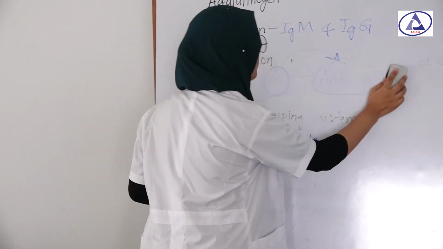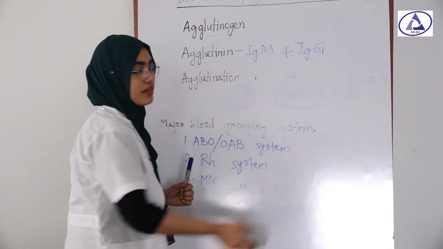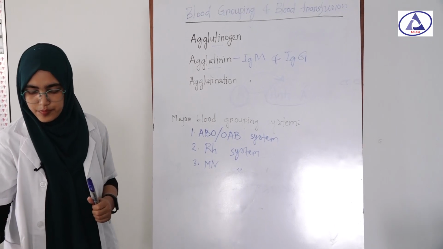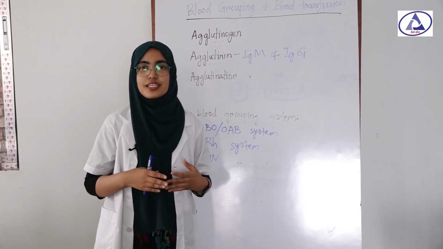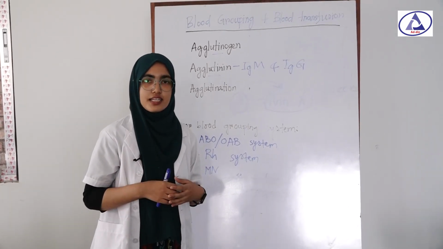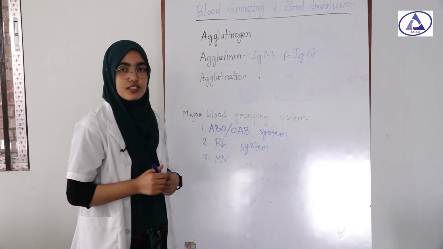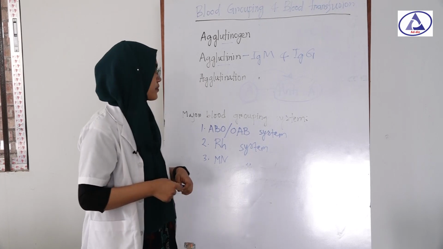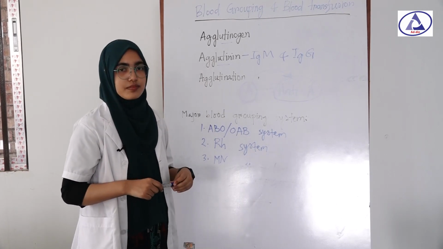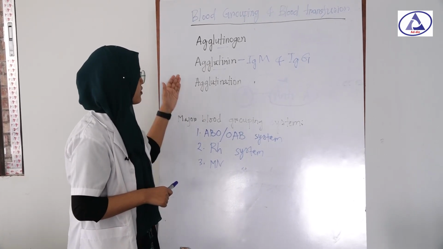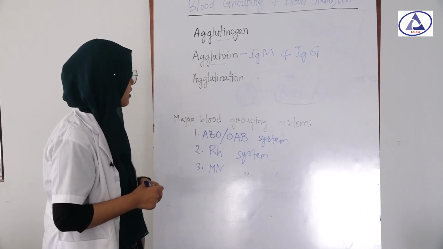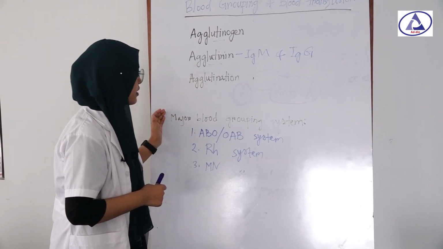So what is blood grouping or what is a blood group? Blood group is an immunologically distinct and genetically determined group-specific substance which is present on the surface of RBC, and corresponding to it there will be agglutinin in the plasma. Now let's come to the blood groups.